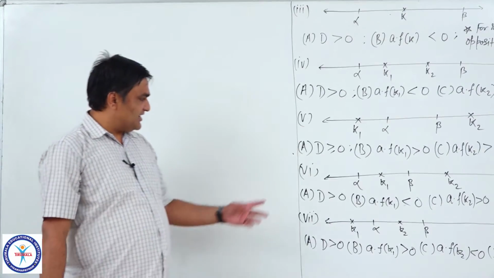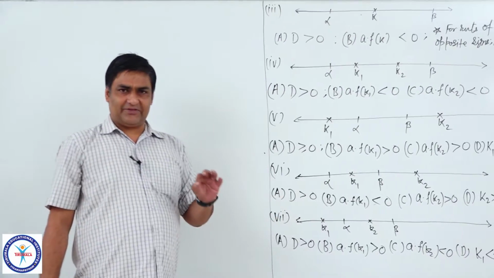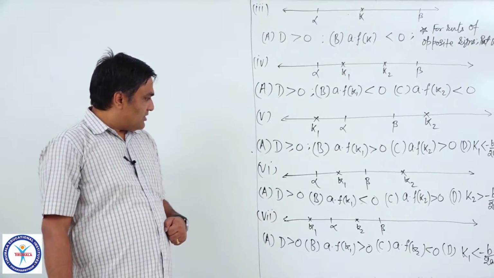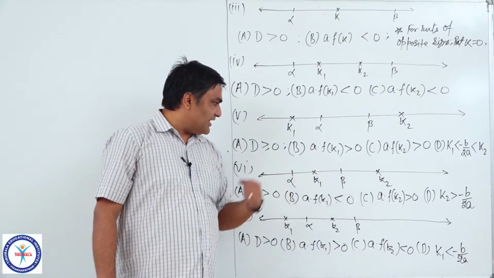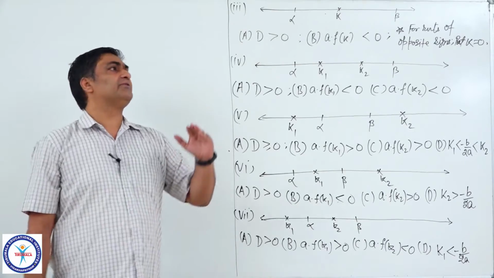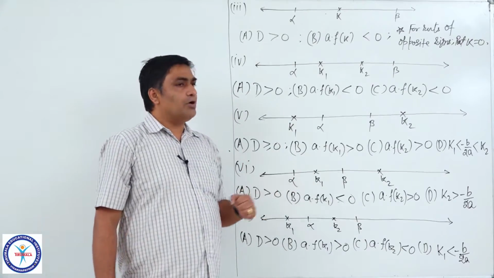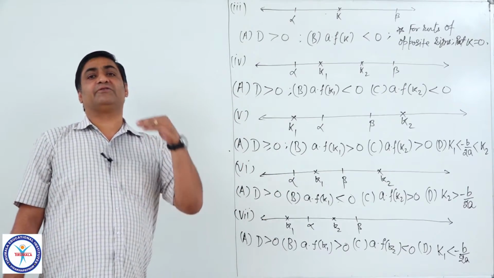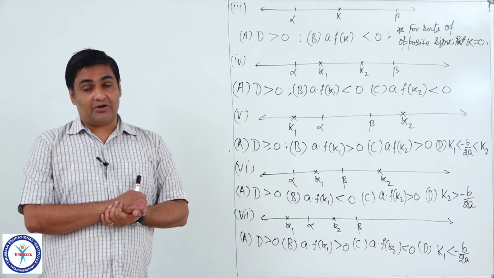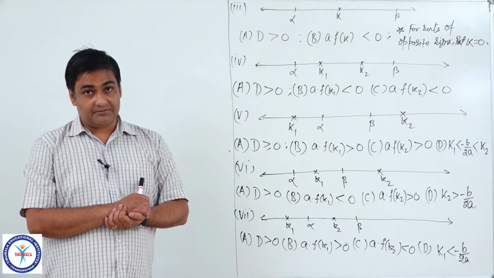Now, combining the 6 and 7 cases, there can be a terminology like only one root is lying in the interval k1 comma k2. Means only one root is lying in the interval 7 comma 10. So one root is in 7 comma 10.